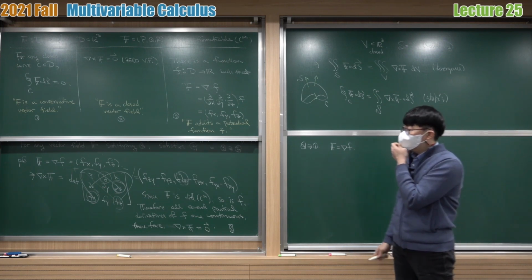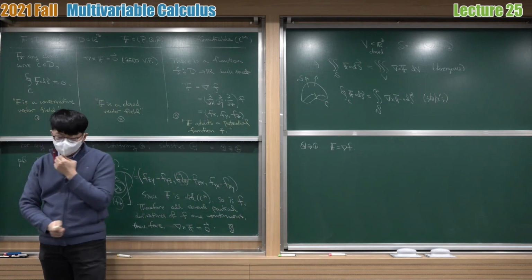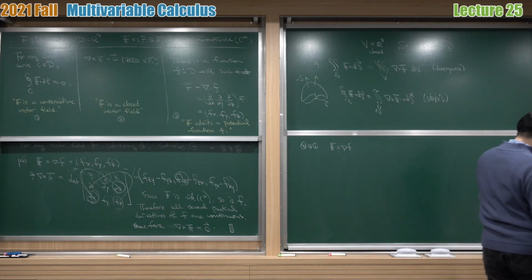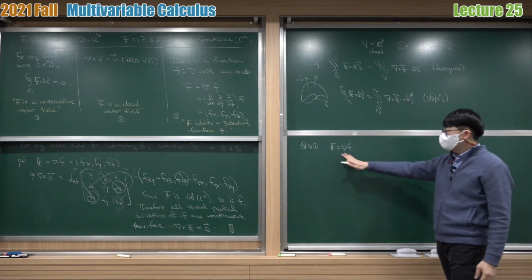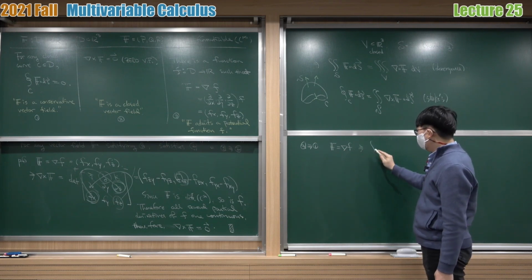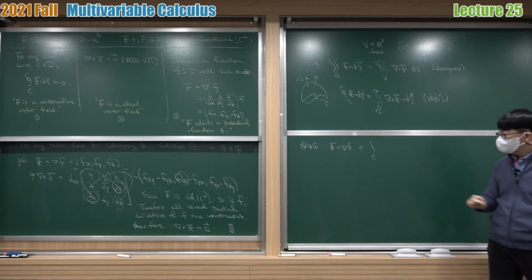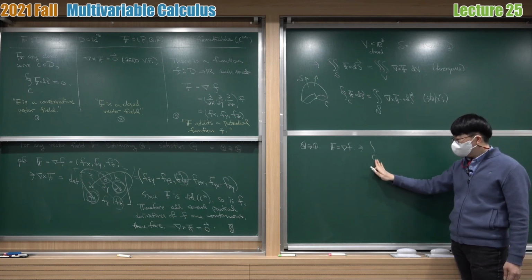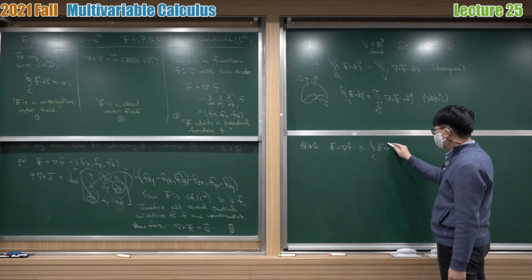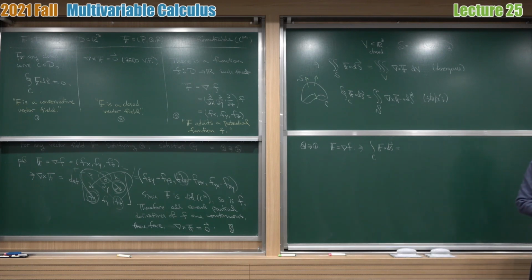I try to find the line integral over a closed curve. So let's assume that this is true. Then I'm trying to get a line integral over a curve C. It doesn't have to be a closed curve.